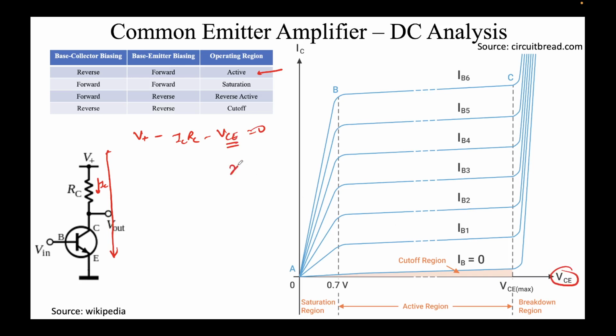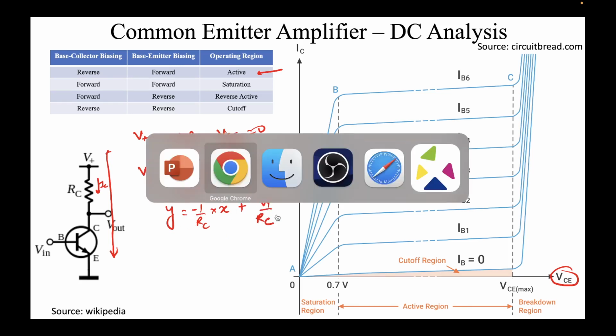So I write it as x. V+ is a constant, minus IC is my y, minus y RC equal to 0. I'll rearrange the terms. We get y equal to minus 1 by RC times x plus V+ by RC.